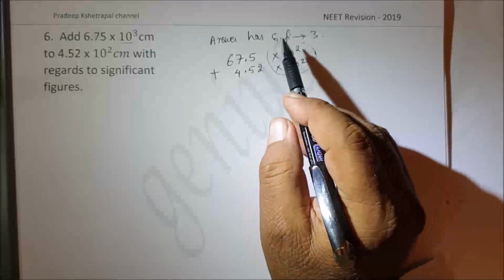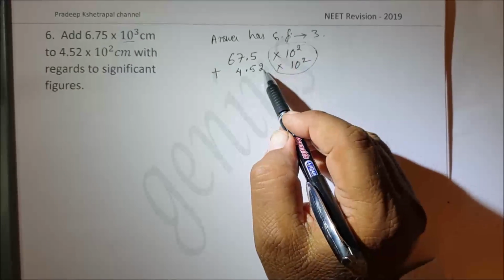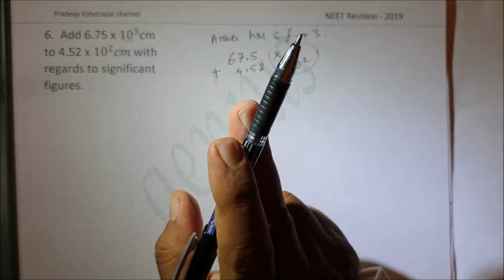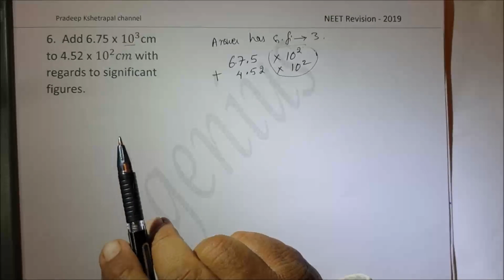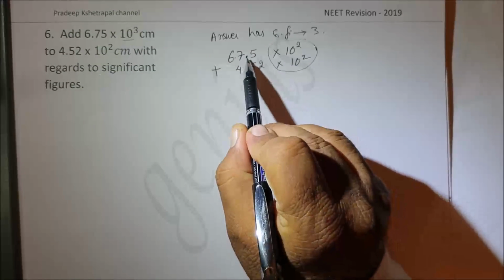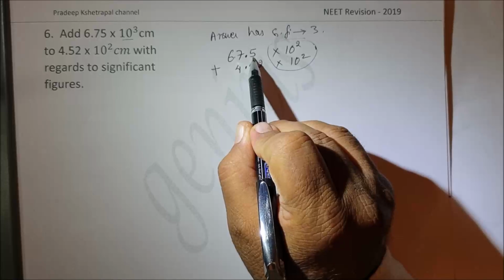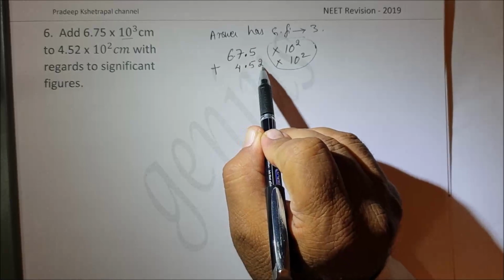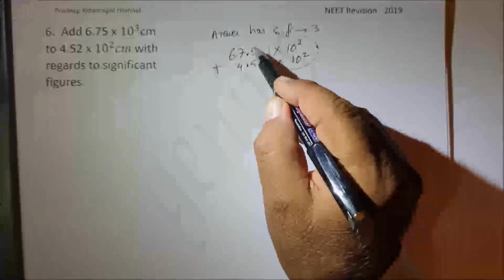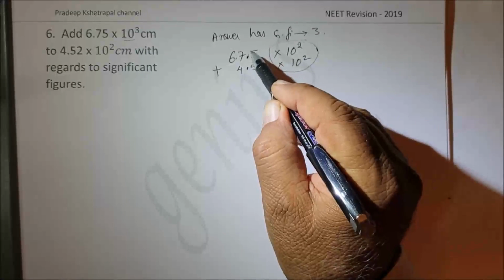Now, whatever is our knowledge, we have to apply for significant figures on these two. So remember, it is addition. In addition, you have to see the places after decimal. After decimal, this is one place. After decimal, these are 2 places. So which has the fewer places? This, because this has got only one place.